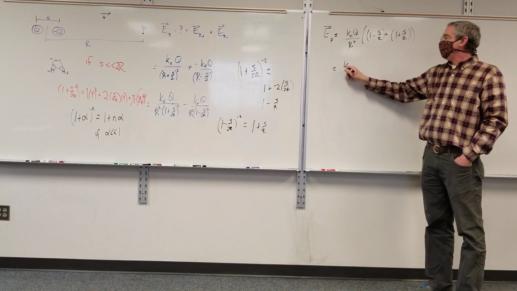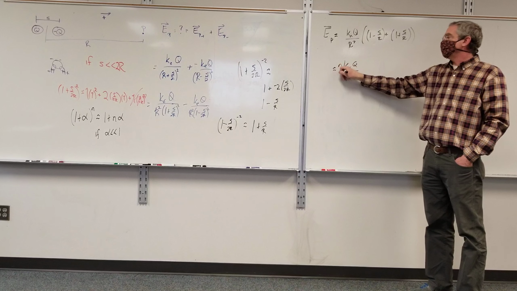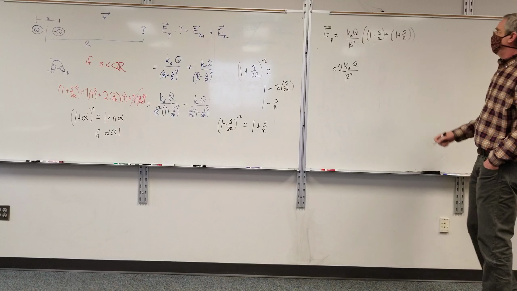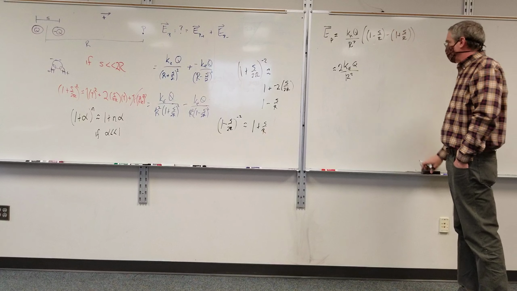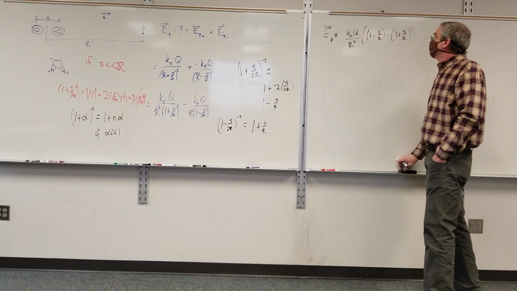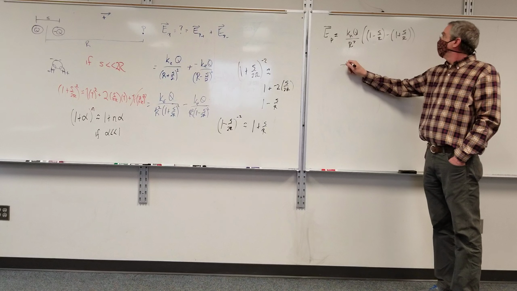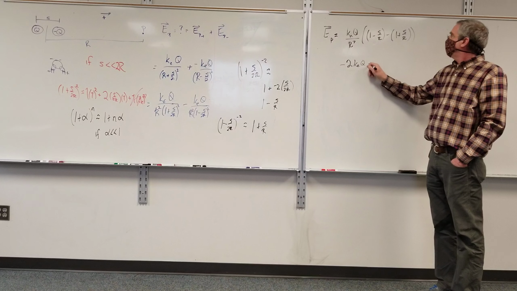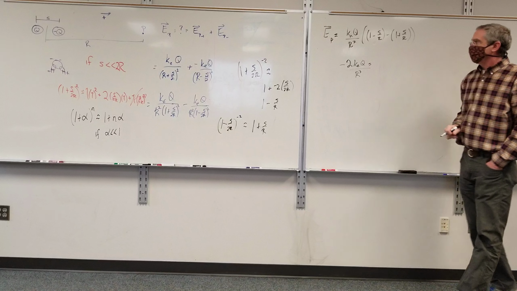So it's approximately KEQ over r squared times 2. I lost something here. Hold on just a second. Oh, minus. That was my mistake. Try that again. So the ones cancel out, and I'm left with negative 2 KEQ s over r cubed. There we go.